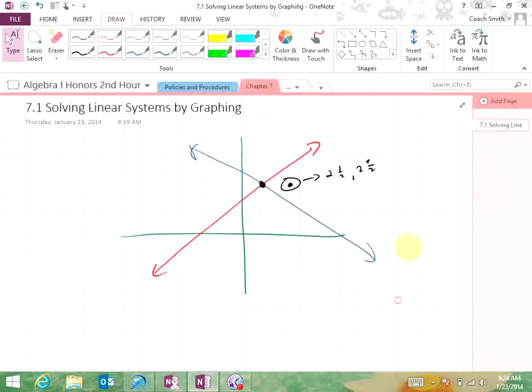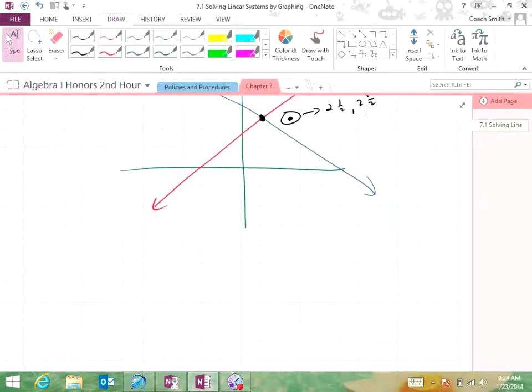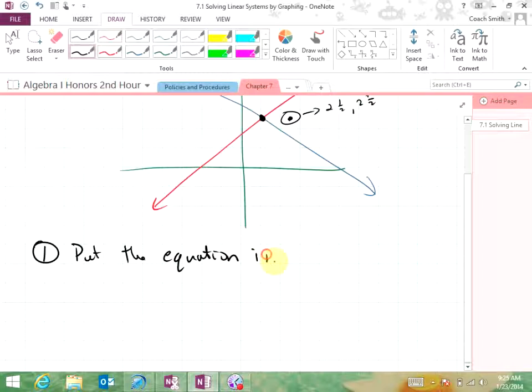Now, the first step in solving linear systems is step 1: put the equation in a form that is easy to graph. Okay?